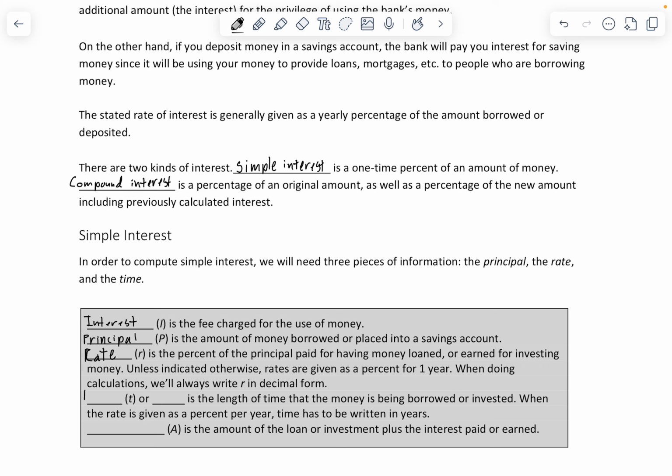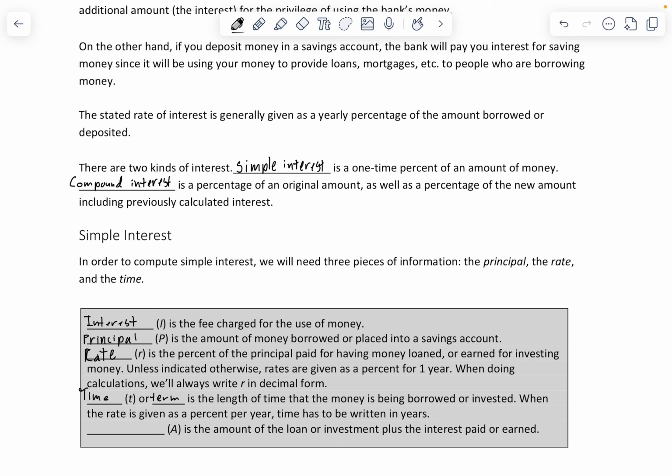Time, or sometimes called term, is the length of time that the money is being borrowed or invested. When the rate is given as a percent per year, the time has to be written in years, and that's the most common case.